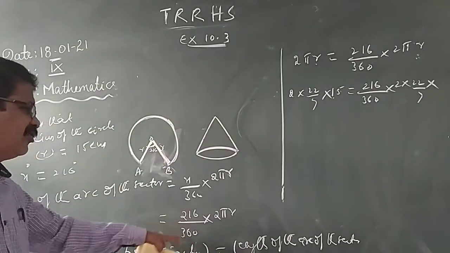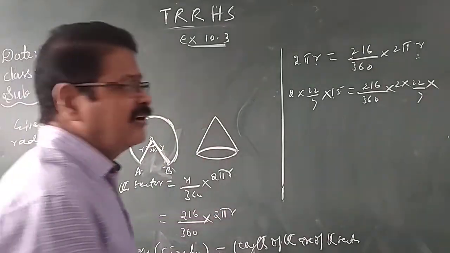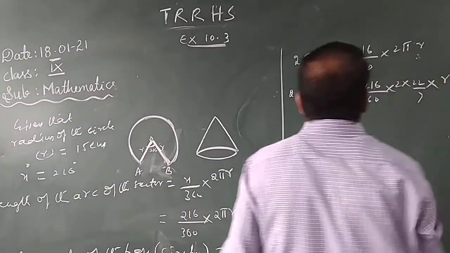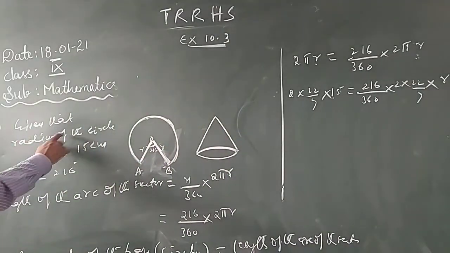This is x by 360 into 2 pi r. The sector radius you don't know. We have only the radius of the circle.